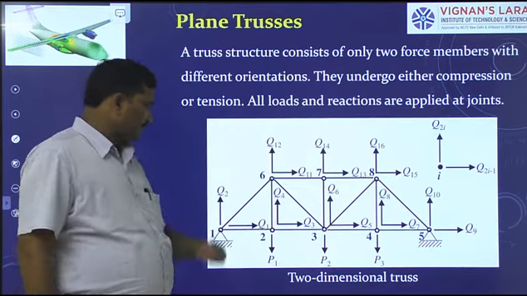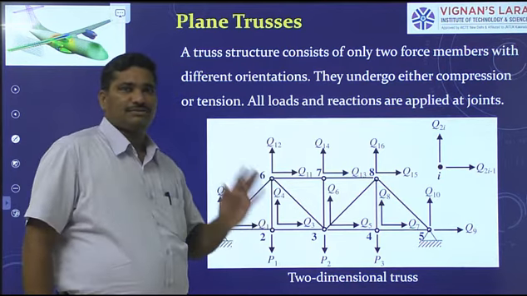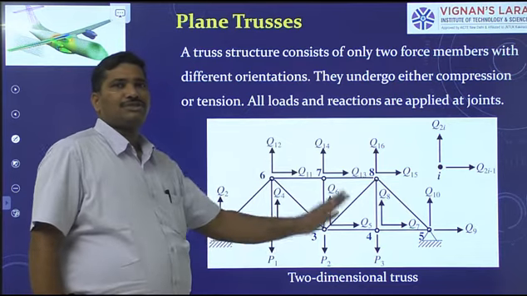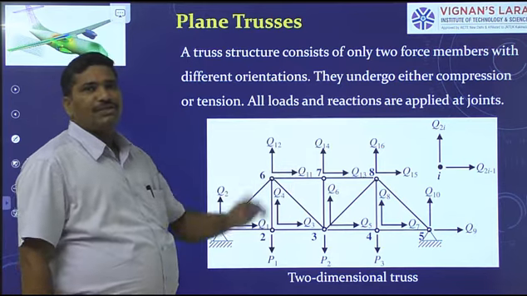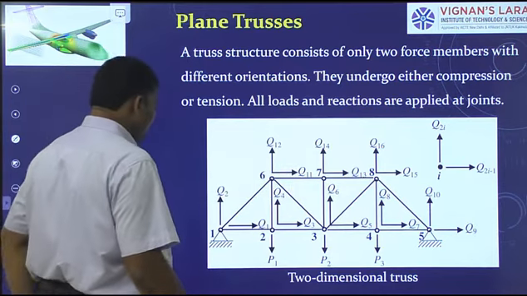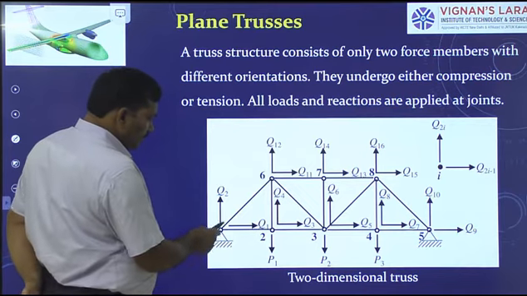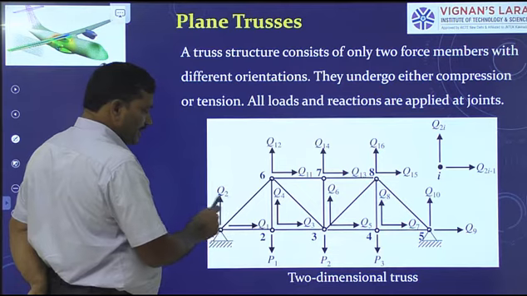Visualize this figure carefully. This is a two-dimensional truss structure, right? Which has several elements with different orientations. Now we shall see. From here to here, this is one element which has some orientation.